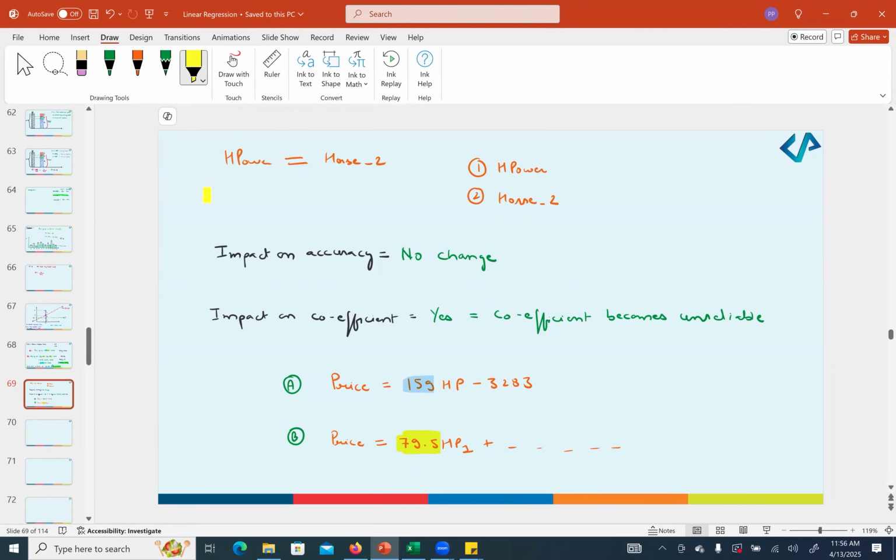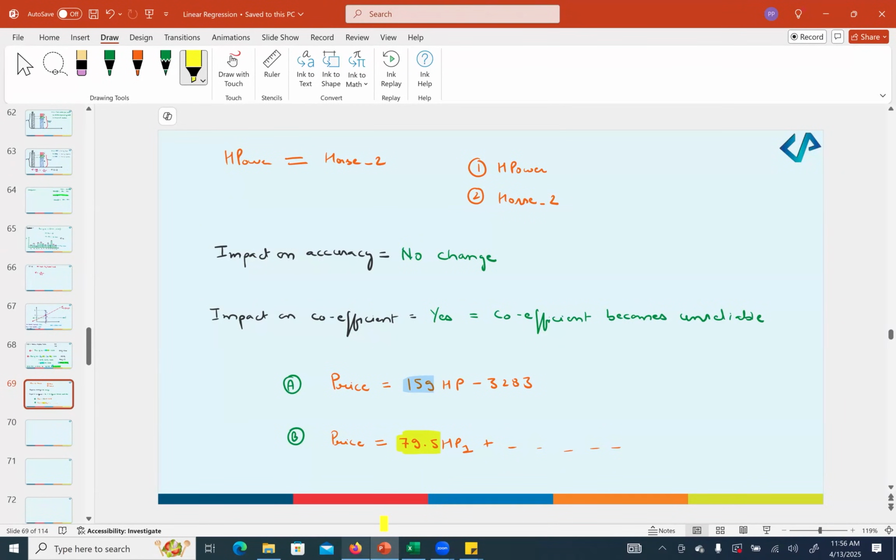Then I'm not worried about having duplicate or related variables. But if I'm interested in understanding the relationship between the input variable and the target variable, then I need to make sure that related variables do not go into the data.